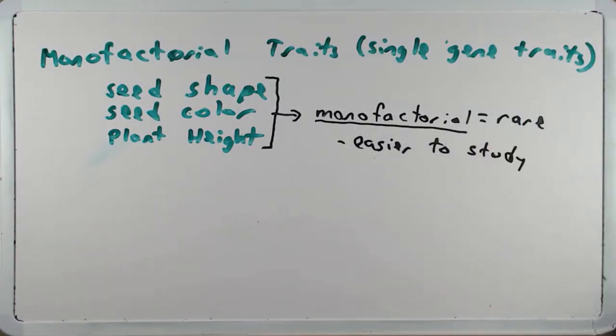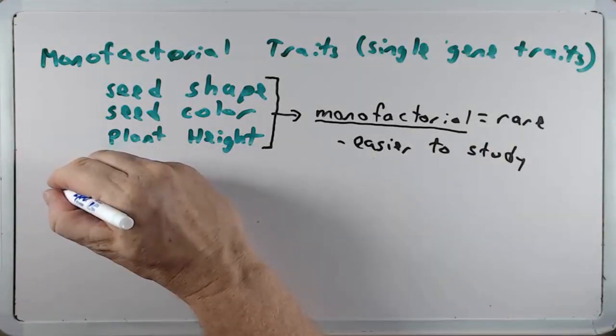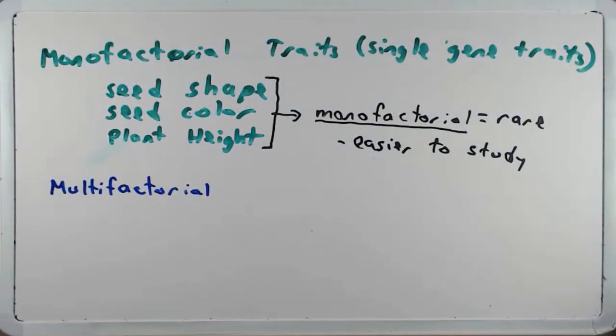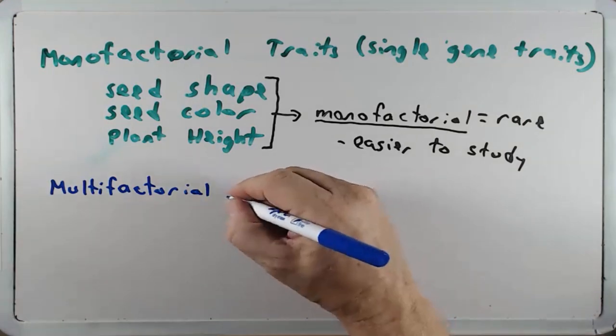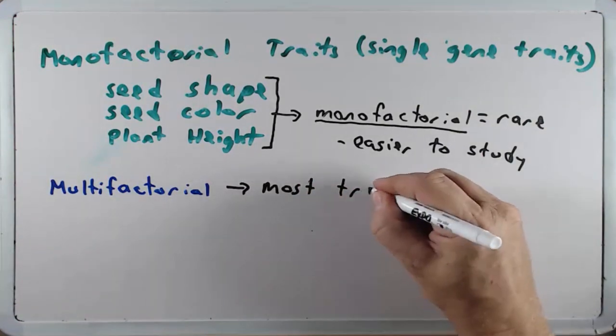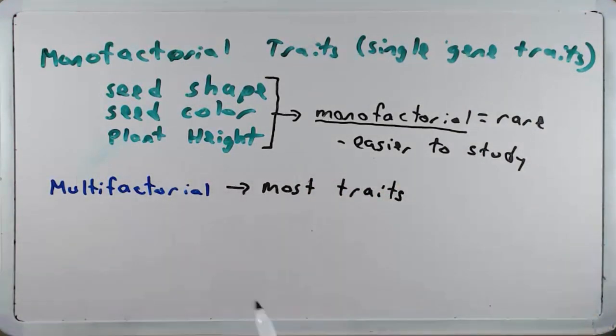Now, most traits are what we might call multifactorial. And later on in this semester, we're going to talk quite a bit about multifactorial traits and how we study them and the different factors that are important for multifactorial traits. But it is safe to say that most traits we see in humans are multifactorial.